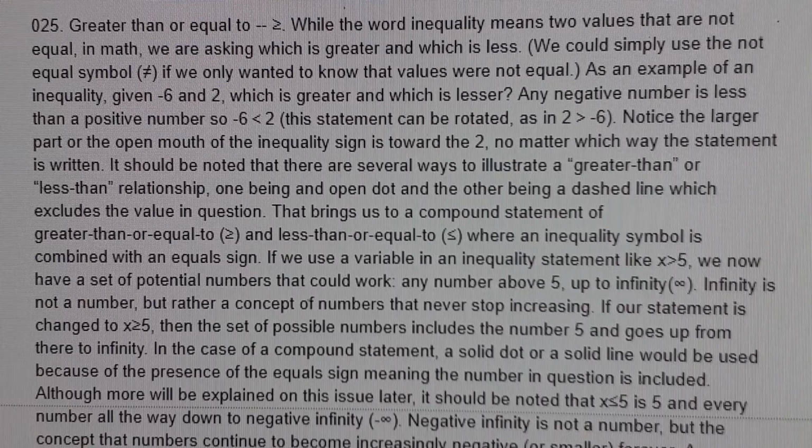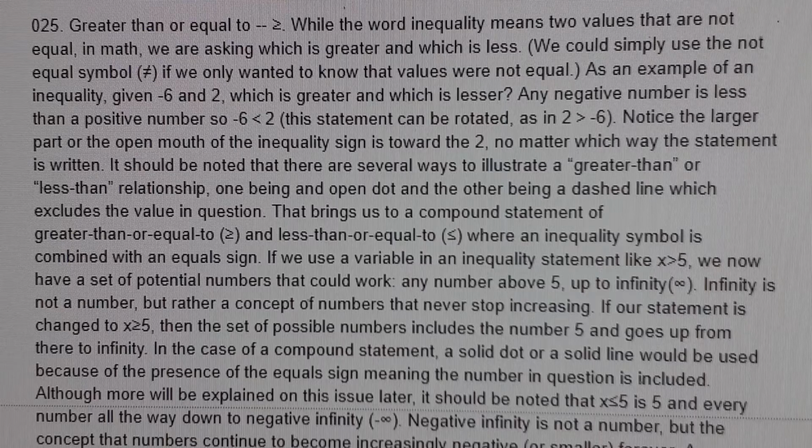In the case of a compound statement, a solid dot or a solid line would be used because of the presence of the equal sign, meaning the number in question is included. Although more will be explained on this issue later, it should be noted that x is less than or equal to 5 is 5, and every number all the way down to negative infinity.